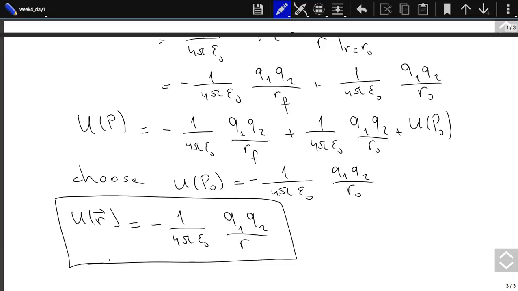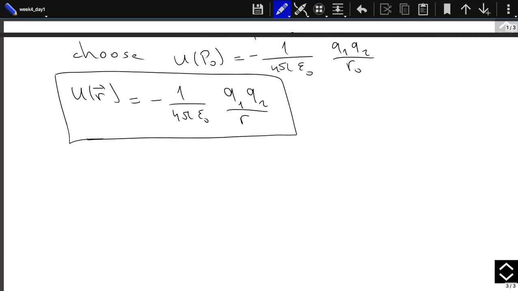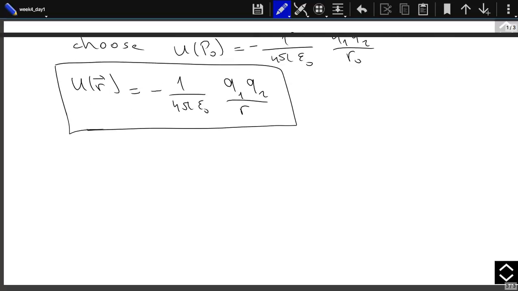Let's look at what this tells me. Now, if you remember, for a given system, the forces will always be in the directions to minimize the potential energy. Let's draw the potential energy diagram.